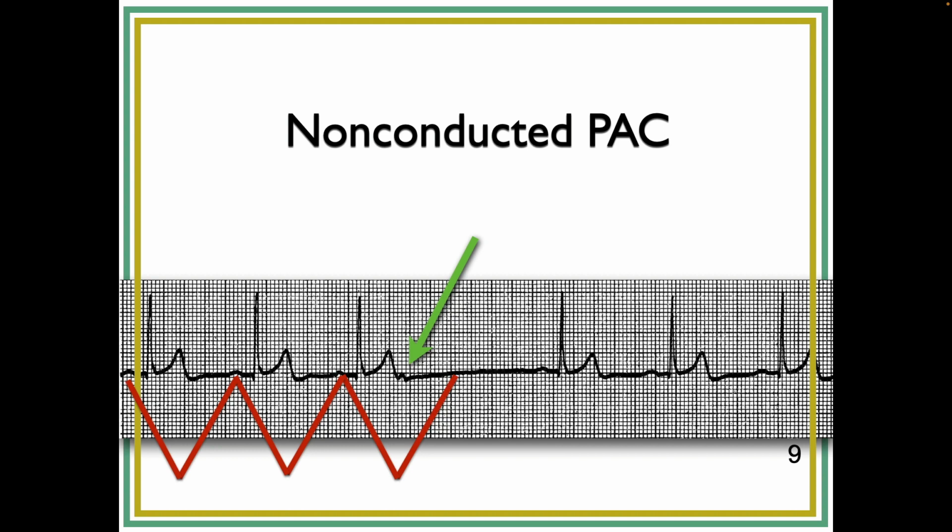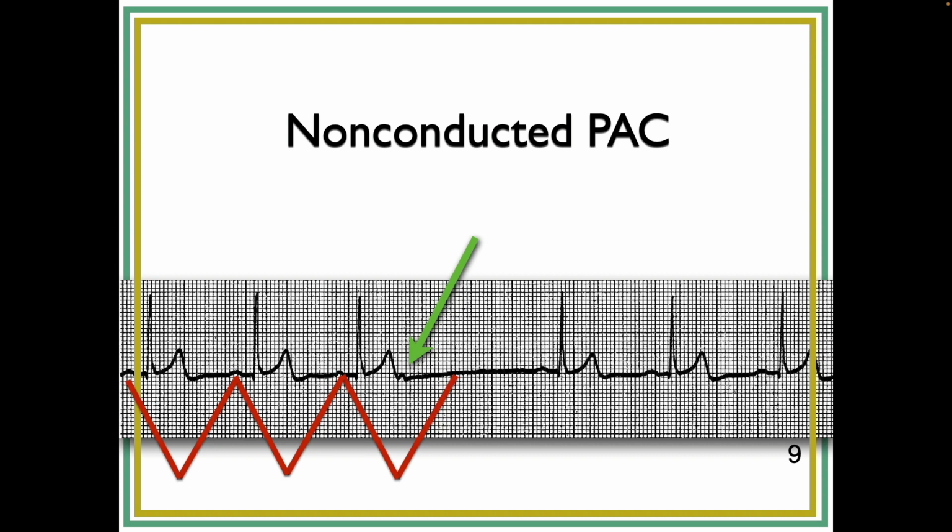I'm just showing that it's coming in early. So if you march out these P's with your calipers, you can say, oh yeah, it's premature. It's a non-conducted PAC. So if you were to see this one, 10, 20, 30, 40, 50, this is right on a sinus Brady. So you might say borderline sinus Brady with one non-conducted PAC.